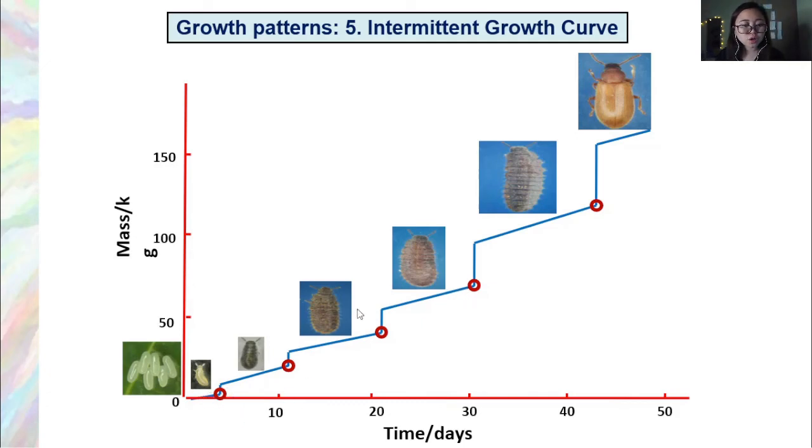Okay, it slowly grows into different shapes, until it finally reaches an adult stage. So although it's kind of still soft, okay? Usually when we think about the intermittent growth curve, we think of the adult stage that is already hard. But actually, even during metamorphosis like this, we can still count it as an intermittent growth curve.